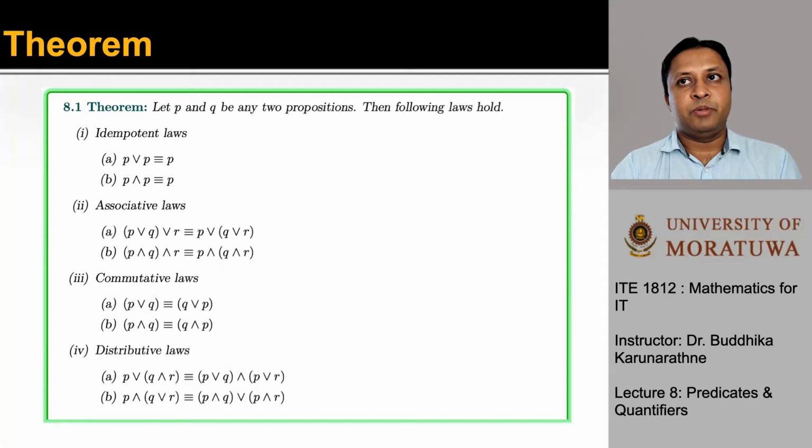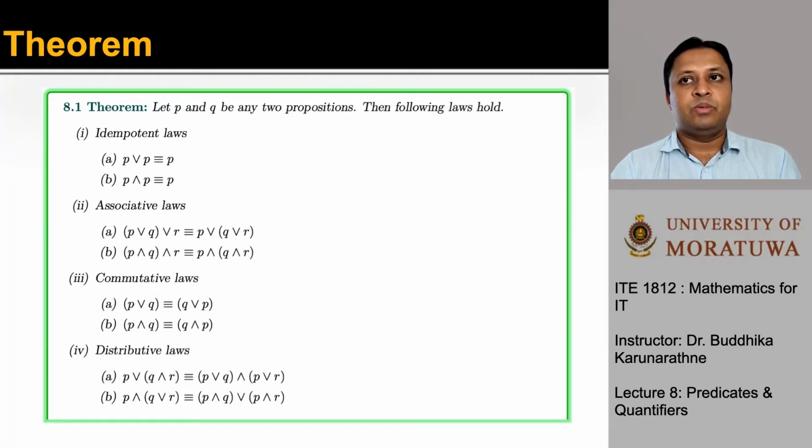Beginning with idempotent laws, P disjunction P is equivalent to P, and also P conjunction P is equivalent to P. That is the idempotent law. Number two is associative laws. You can see the associative behavior of the two propositions P and Q related to conjunction and disjunction.